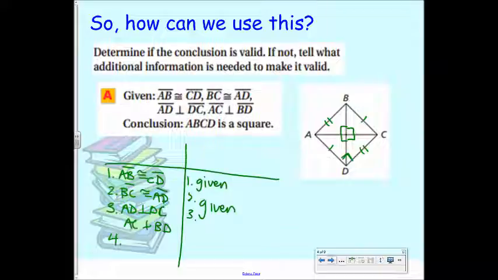Well, one thing that I know for sure is if angle D is 90 degrees, what can you say about ABC? Angle A, B, and C are 90. How do you know that? Opposite angles are congruent, and consecutive angles have to be what?